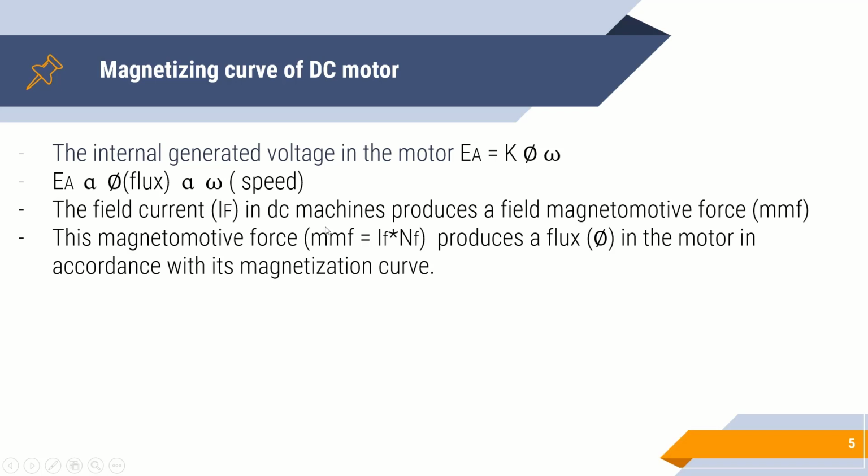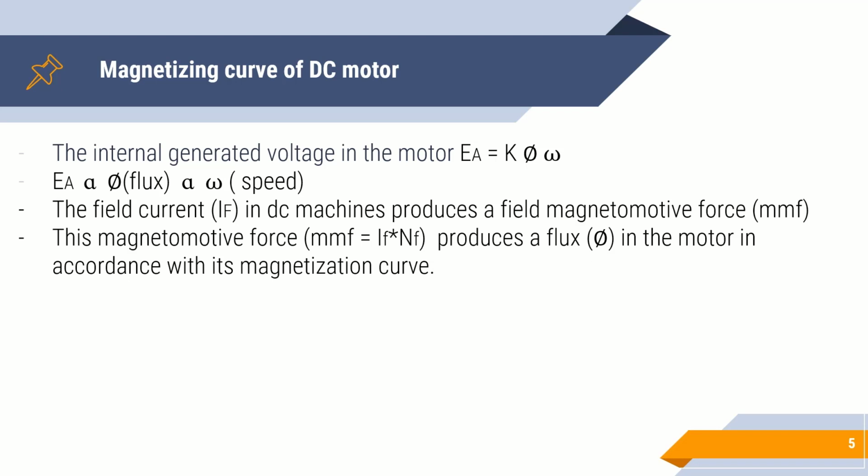So the field current IF in a DC machine produces MMF, or field magnetomotive force, and this MMF equals IF, field current, multiplied by NF, which is number of windings, and this produces flux in the motor.